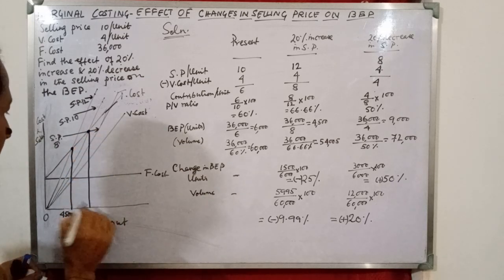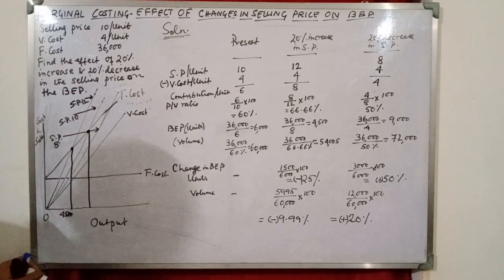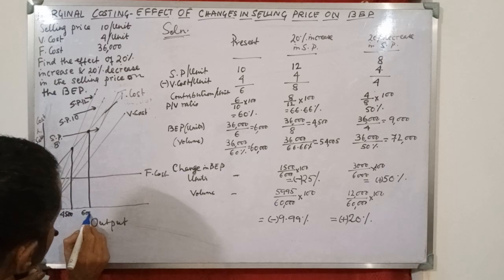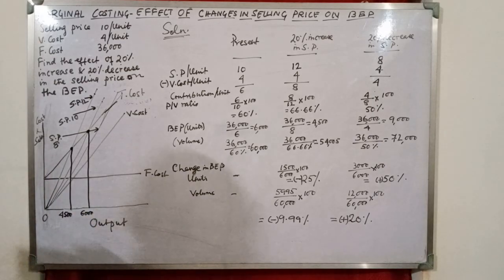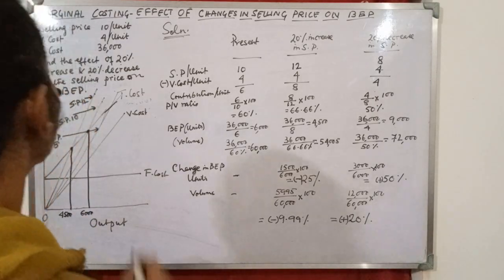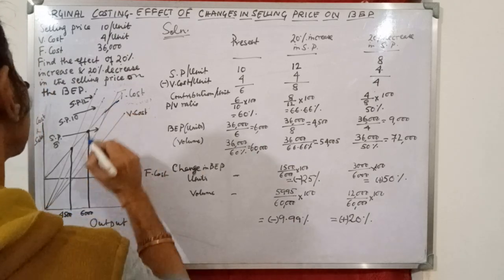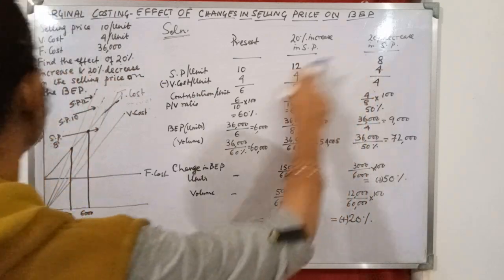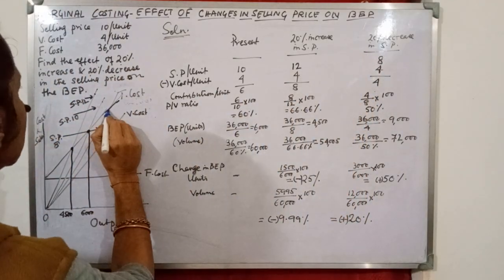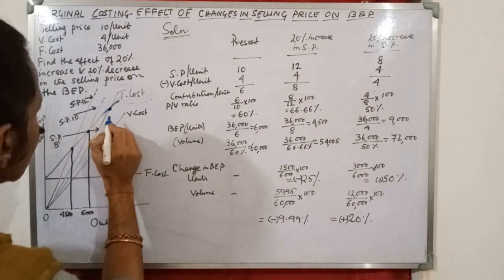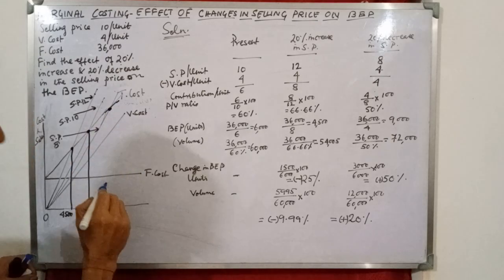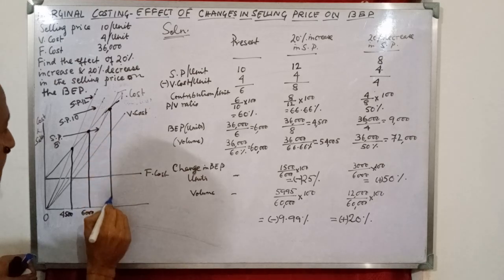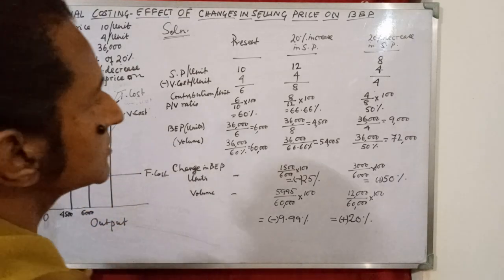So this is the break-even point. This is 6,000 units. And when the sales price falls to 8, then the sales line and total cost line intersect at this point. So this is the break-even point. How much? 9,000.